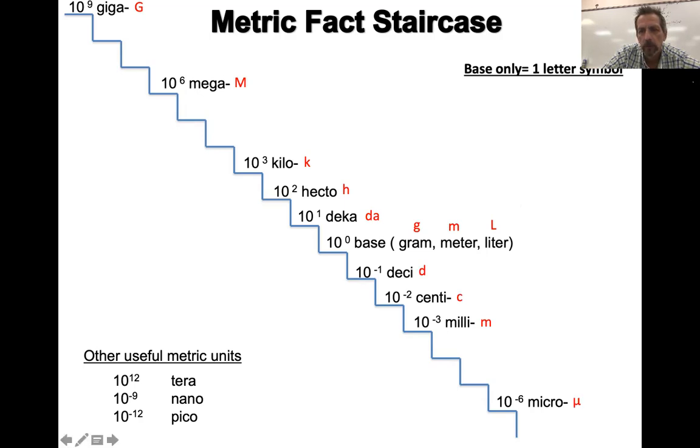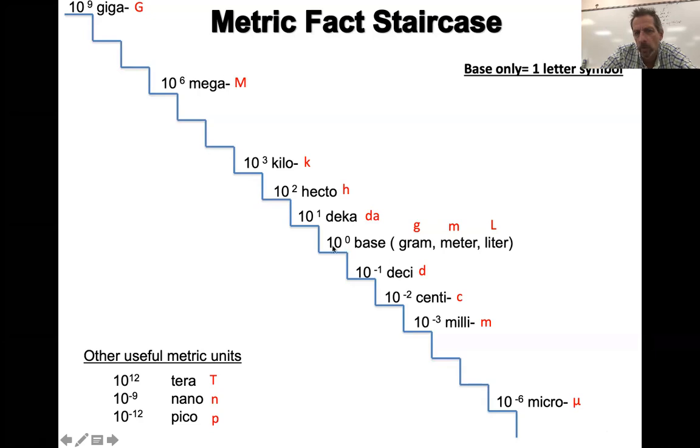Micro is the strange one. It looks like a cursive U, but it's actually a lowercase Greek letter called mu. You don't need to know that, but it looks like a cursive U. Tera, uppercase T, a very large unit. Nano, a very small unit, lowercase n. Pico, a very small unit. So what you're going to see is how this is arranged.